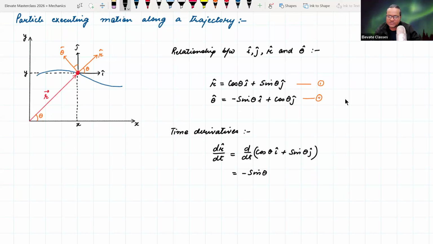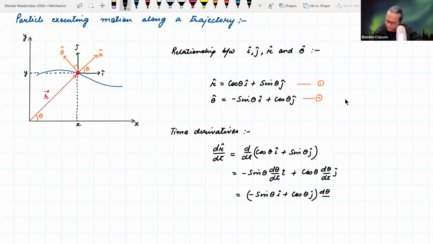But theta is changing, so the derivative of cos theta is going to give us minus sin theta and d theta upon dt I cap. And similarly, here we have cos theta and d theta upon dt j cap. So this becomes minus sine theta I cap plus cos theta j cap times d theta upon dt.